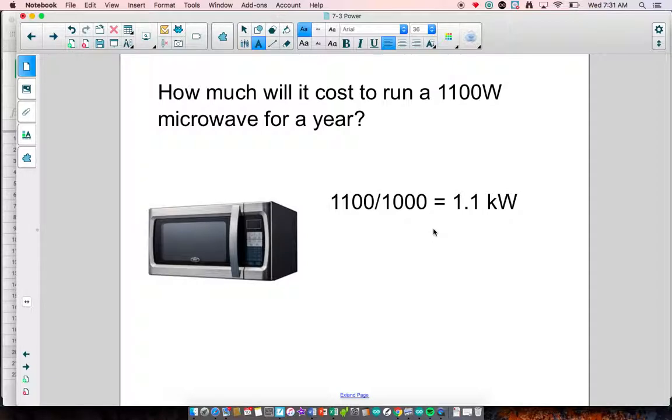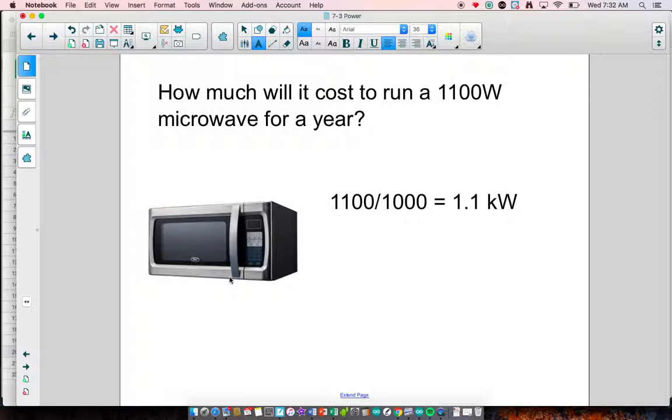Now, let's do the math. Let's say you probably really only use the microwave for, I don't know, a couple minutes per day, right? Maybe, let's say, an hour every 2 weeks or something like that.